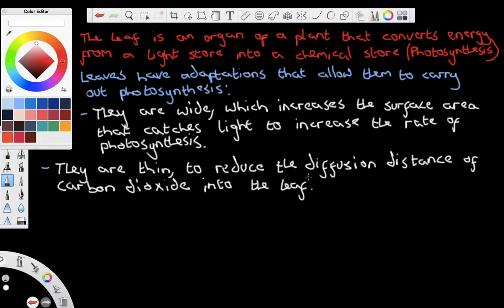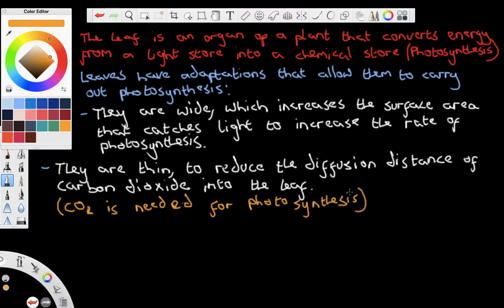So they are thin, which reduces the diffusion distance of carbon dioxide into the leaf. It's important to point out here that carbon dioxide is needed for photosynthesis. So CO2 is needed for photosynthesis. Okay, so by being thin, we're reducing the diffusion distance and the gases can move into the leaf much more easily.